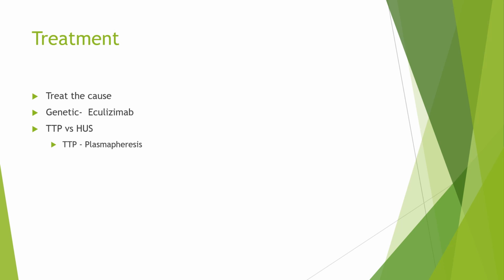If it is genetic, I've already discussed that we can use eculizumab to turn off the complement activation. And another important distinction is between TTP, which is a primary hematological disorder, versus HUS. In TTP, we can do plasma exchange.